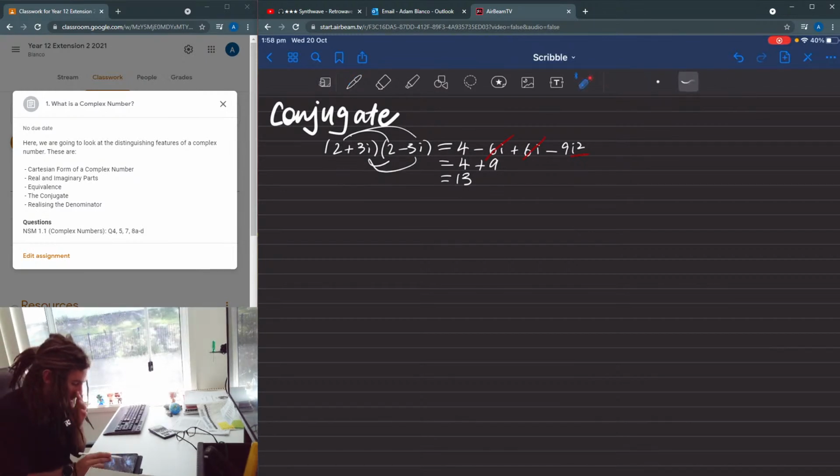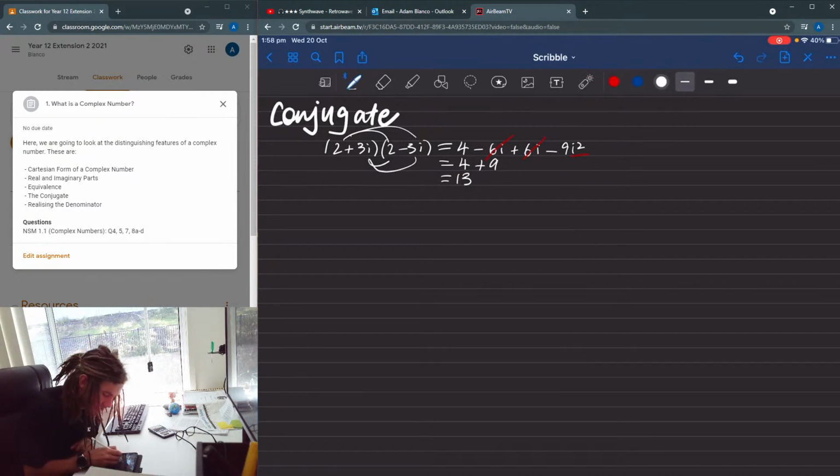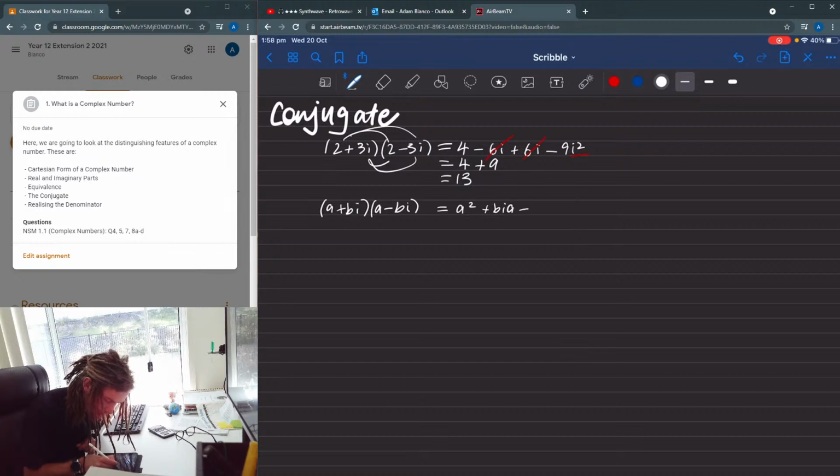Okay, so what happens is whenever you multiply the conjugates together, what you actually end up with is not a complex number, any number's a complex number, but you end up with a complex number that does not have an imaginary component, and this is really, really helpful. So if I do this in general, so if I have a plus bi, and I have a minus bi, what I'm left with is a squared plus BIA minus BIA.